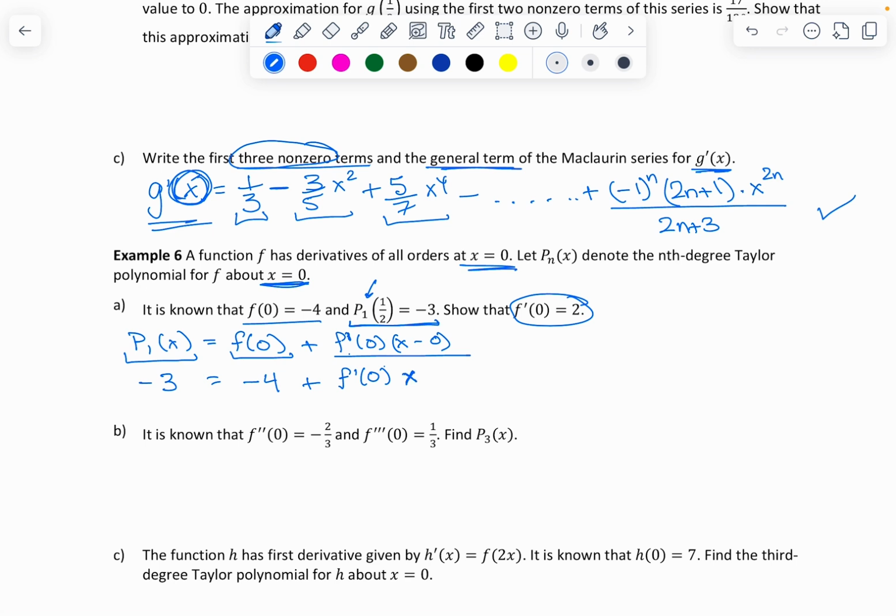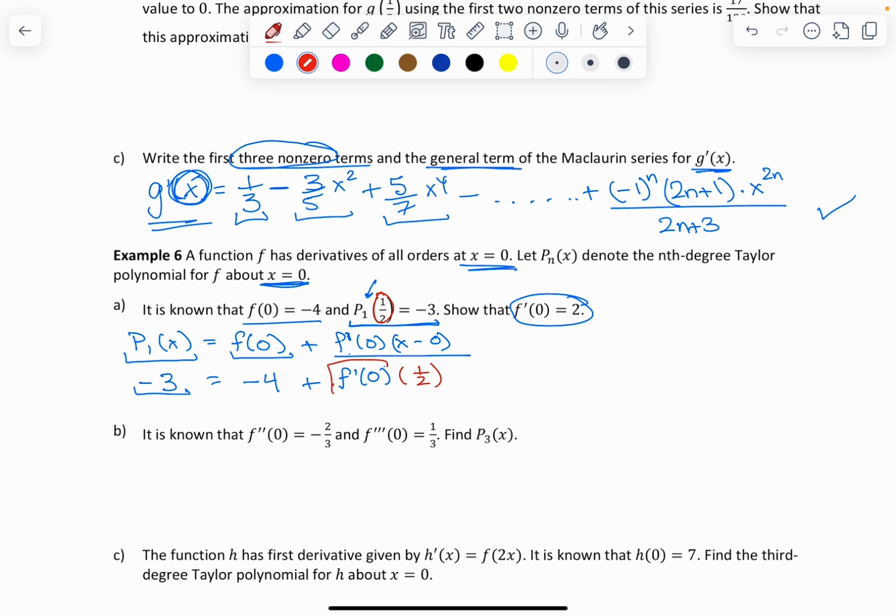Now we also know what this x is, what we are approximating. When the Taylor polynomial is equal to negative 3, we know that in order to get that negative 3, we plugged in 1/2 for x minus 0.